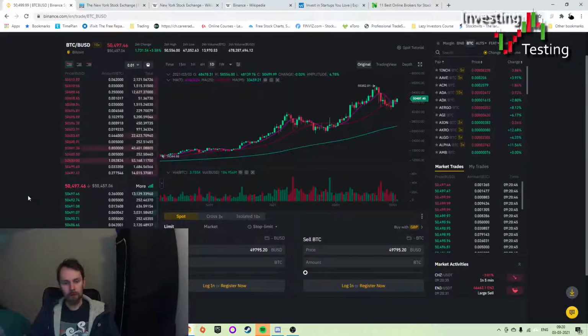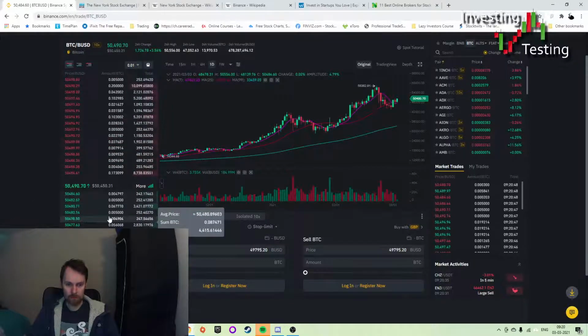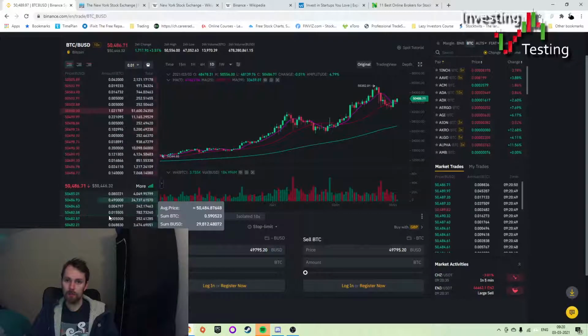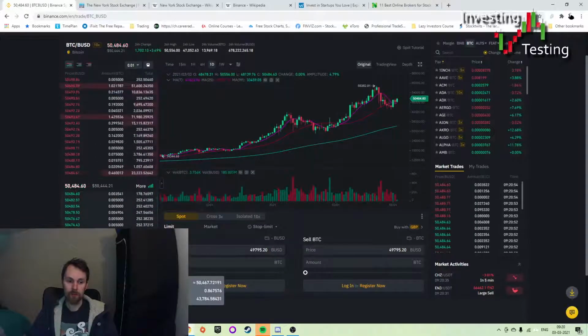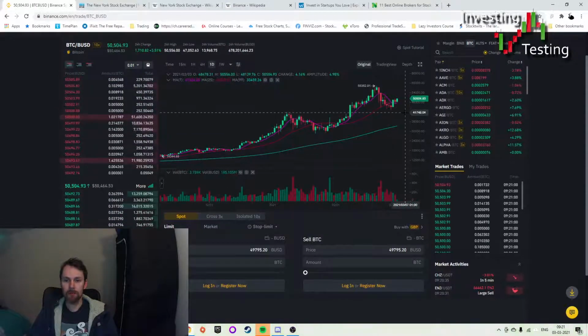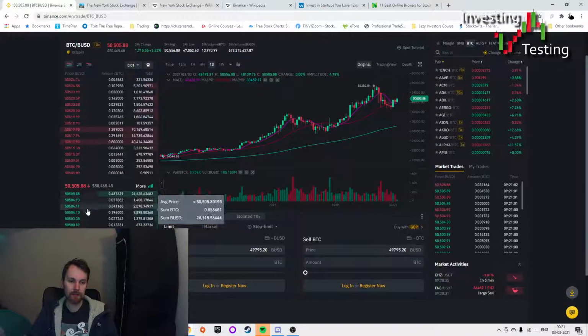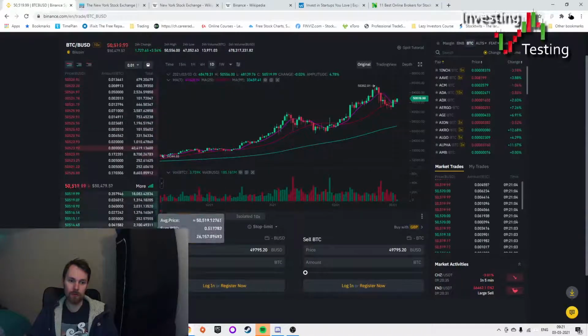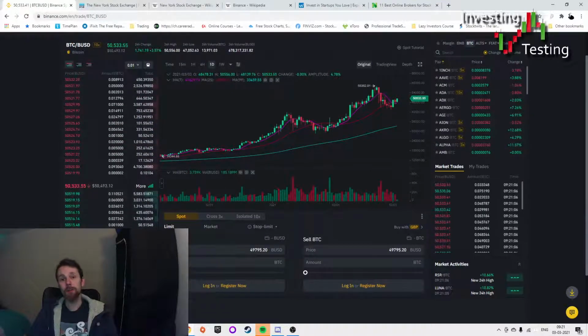And that's how your order will be filled out. Eventually, if you do put 50,000 on and it's not being sold right away, if the price starts going down more and more towards 50,000, eventually your order will possibly be filled by somebody.